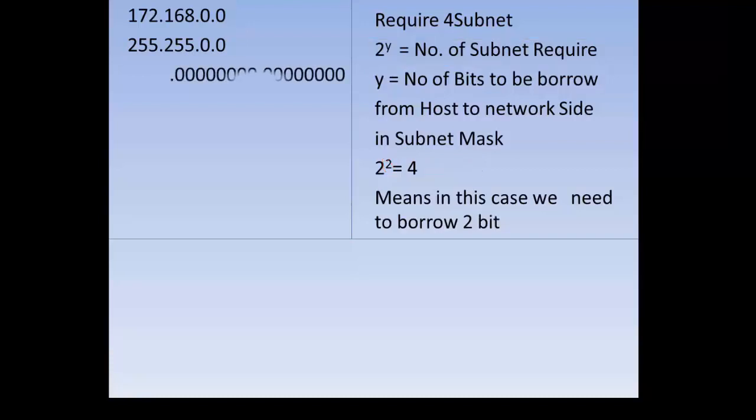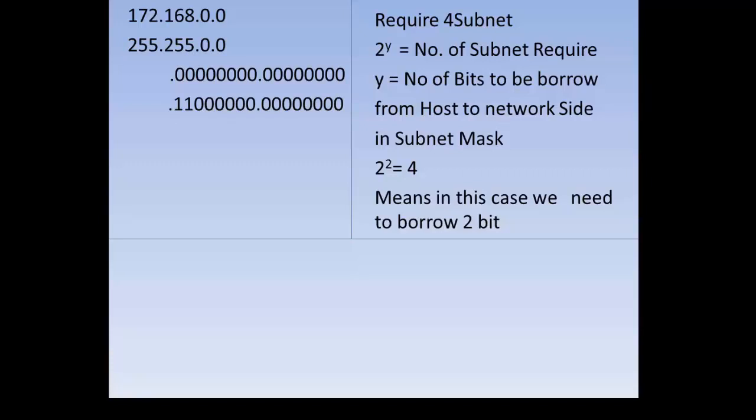Okay, so this is our default subnet mask. I need to borrow according to my requirement. I need to borrow 2 bits here. So the new subnet mask will be this one. I have borrowed 2 bits here and all the remaining are host bits.